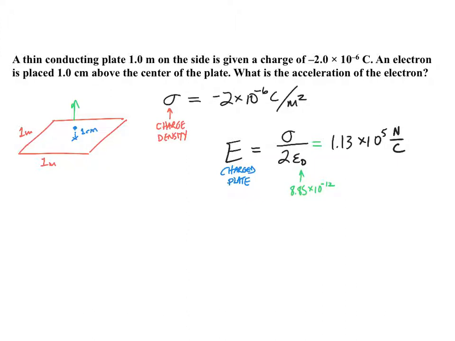And I've told you that every field effect, every field force, gravity, electricity, magnetism, are always the force associated with that field, in this case an electric force, per unit of whatever is the source of that field, which is charge in this case, and we measure charge in coulombs. So, 1.13 times 10 to the fifth newtons per coulomb, units of force per units of charge.